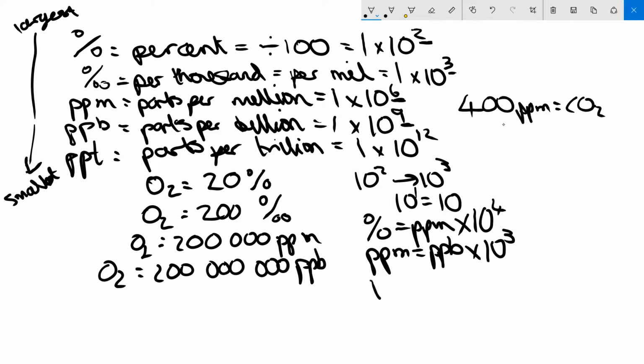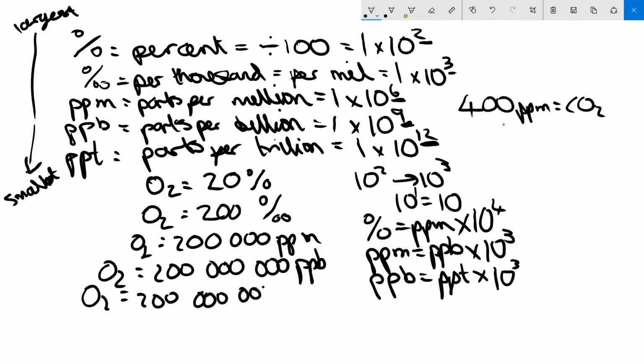Then if I want to convert from parts per billion to parts per trillion, that is going from 10 to the power of 9 to 10 to the power of 12, which is also a difference of 10 to the power of 3. So I'm adding 3 more zeros to this number. And I have parts per trillion. And obviously this number is getting really long and ridiculous.